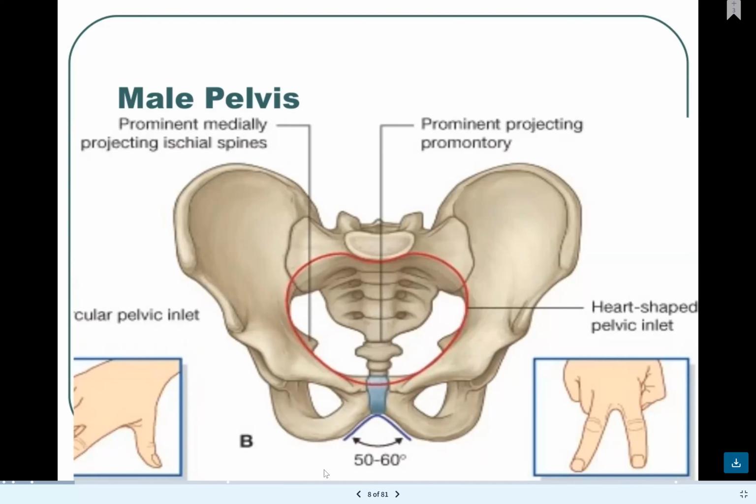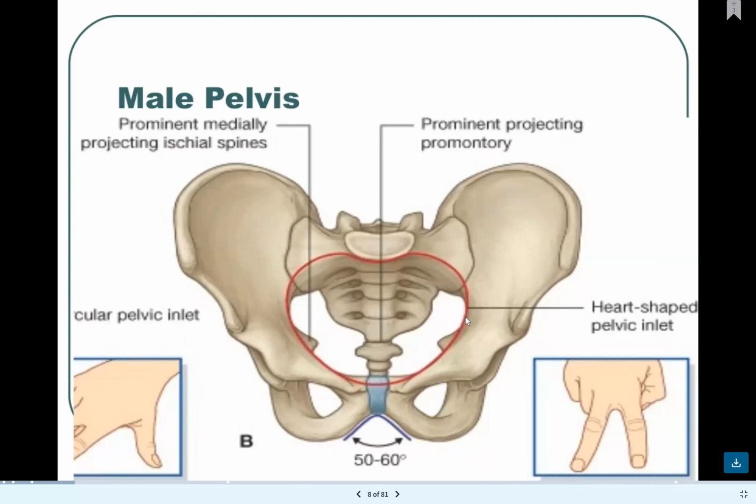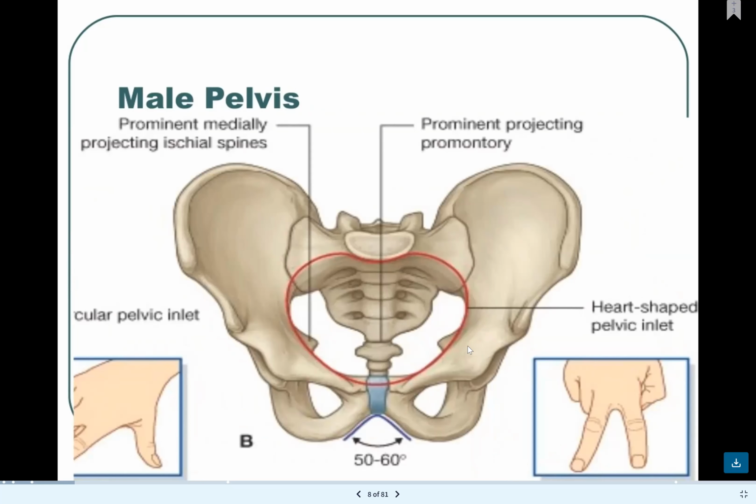The angle here is about 50 to 60, but for the female we are having 80 to 90. That is how the bones are formed here. In the male pelvic girdle there is less space, and it's like a heart shape, while the female one is more circular.